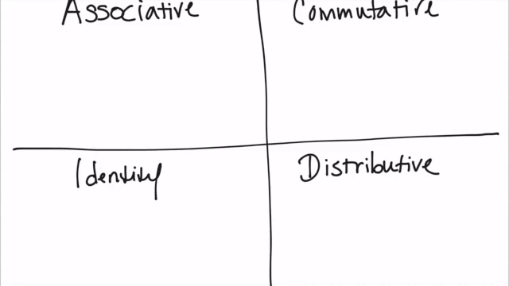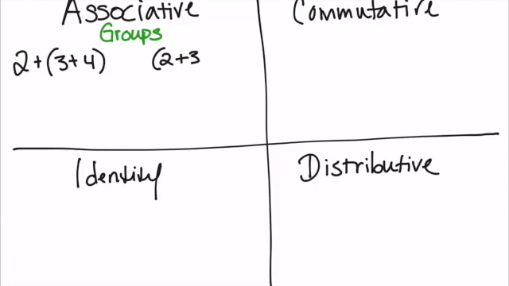Alright, the associative property. For each of these I have keywords. Alright, so the keyword with the associative property is groups. Alright, what the associative property does is it groups numbers in different ways. For instance, if I have 2 plus the group 3 plus 4, that is the same thing as if I have the group 2 plus 3, plus 4.